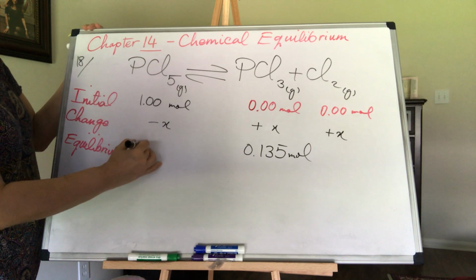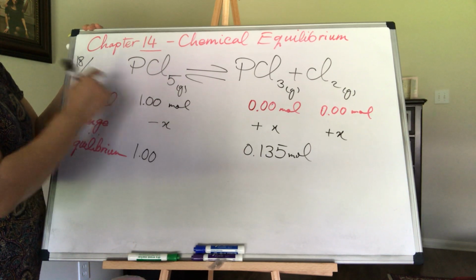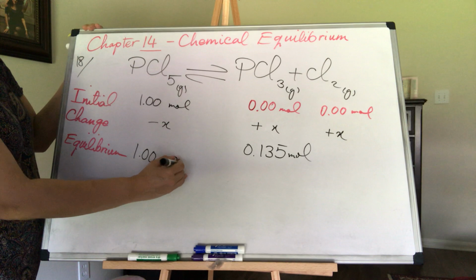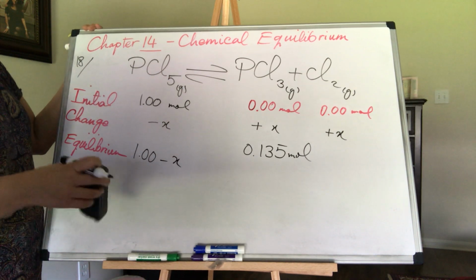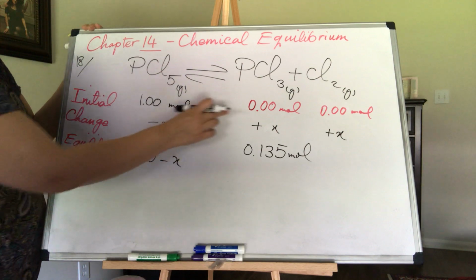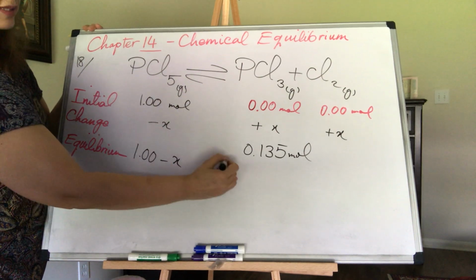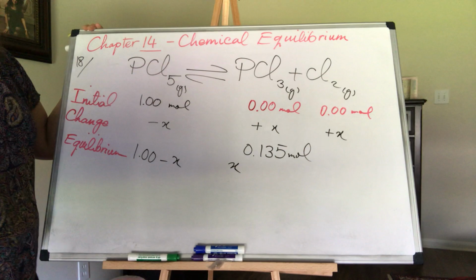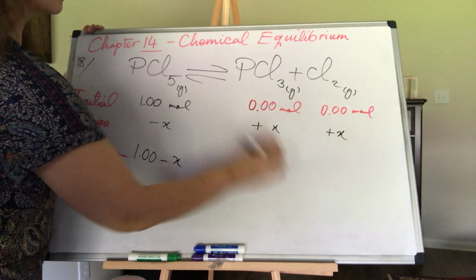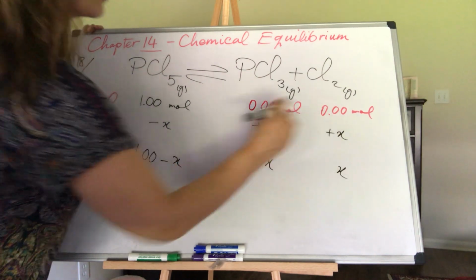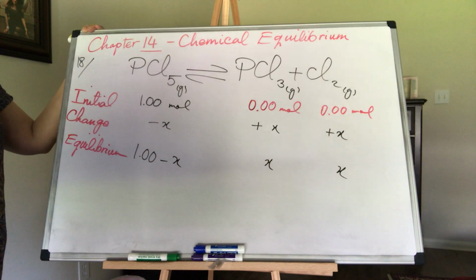So at the end, we don't have the same 1 mole. Something has been subtracted from it. At the end, X plus 0 is X. And then the same X has been produced for Cl2.